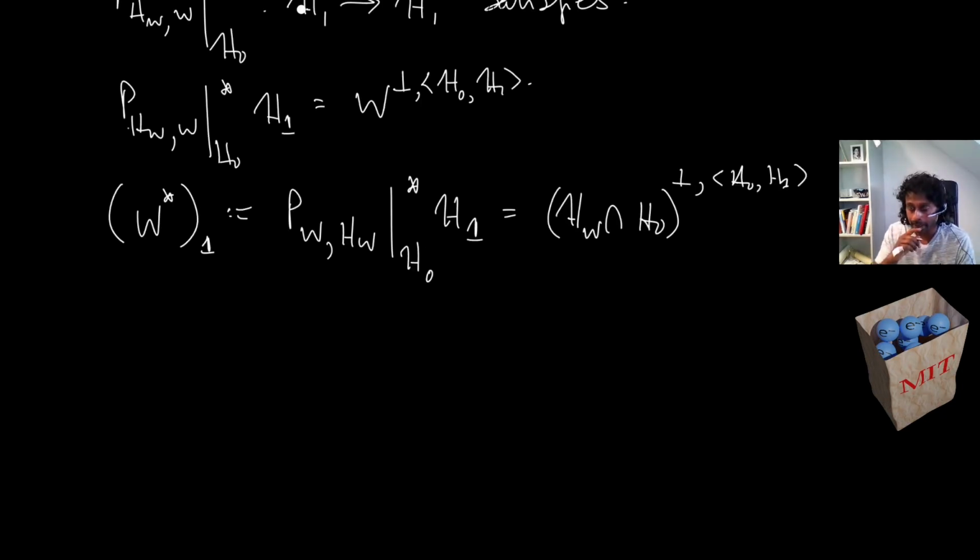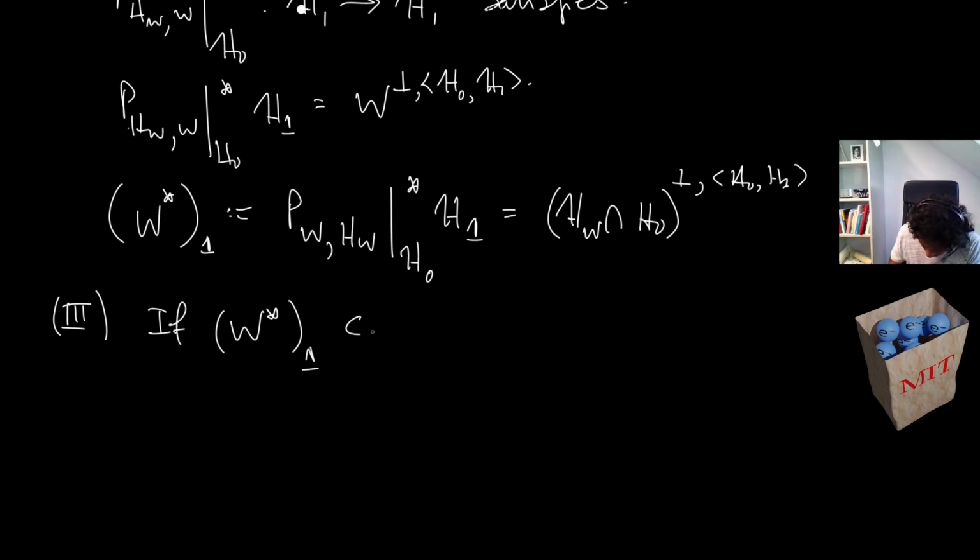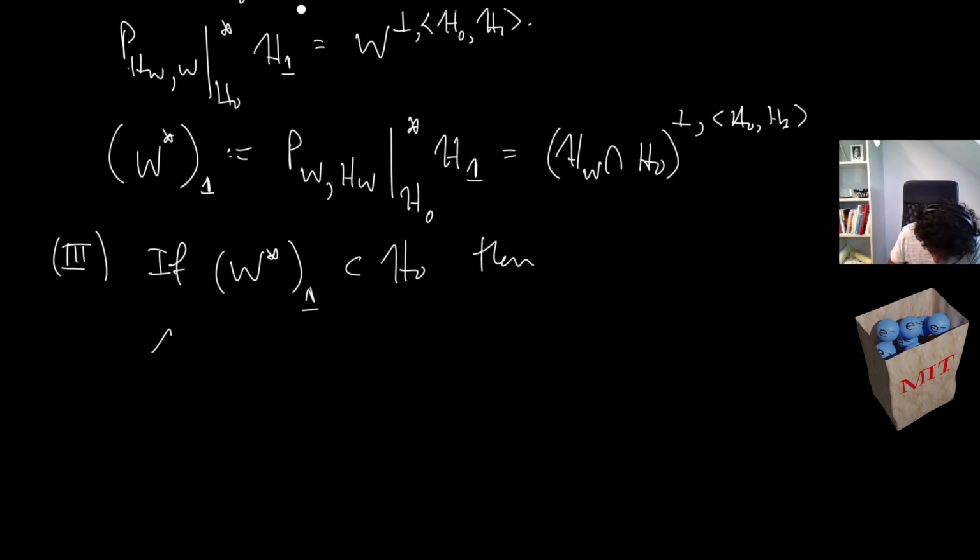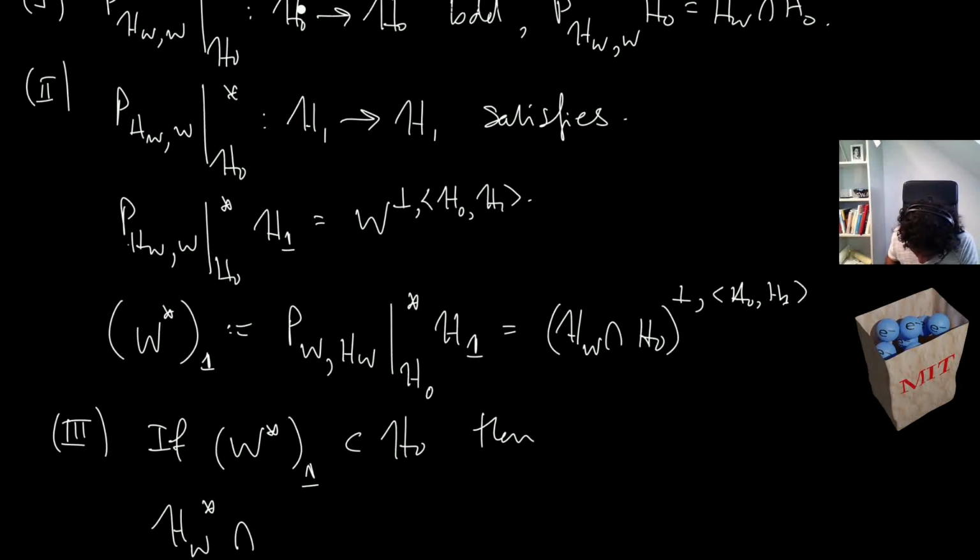Okay, so the other point, point number 3, is that if W star, which I'm writing as W star 1, happens to also be in H naught, then H_W star intersect, so have I defined H_W star?